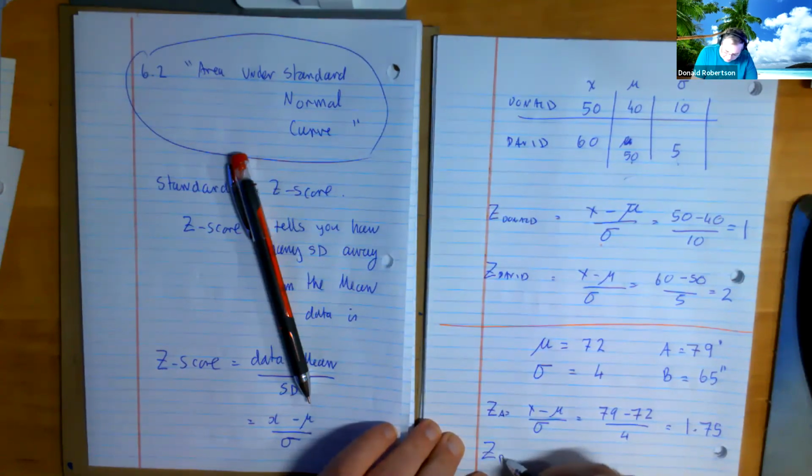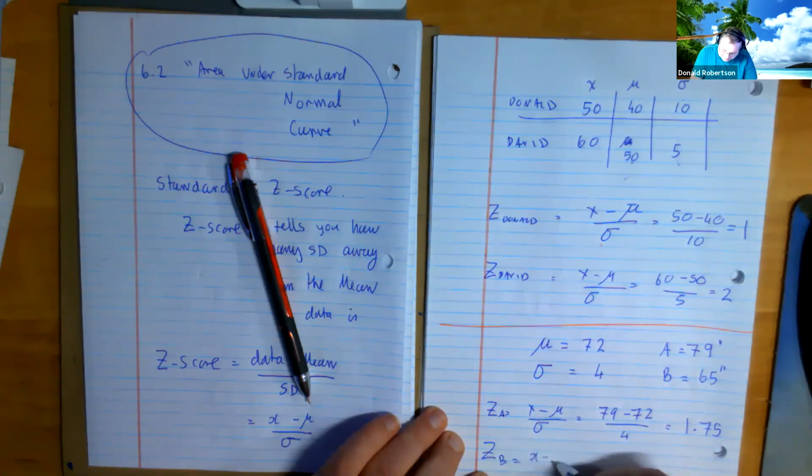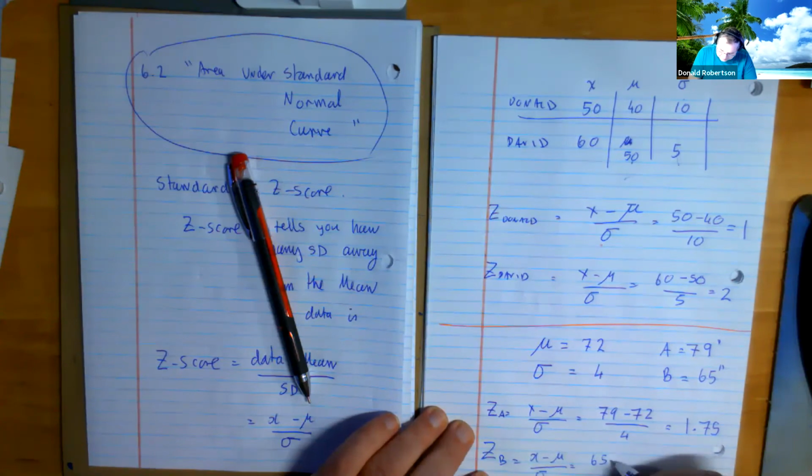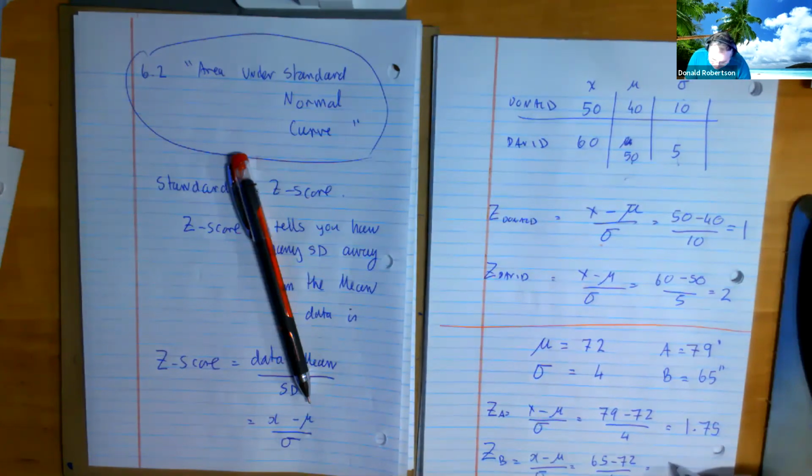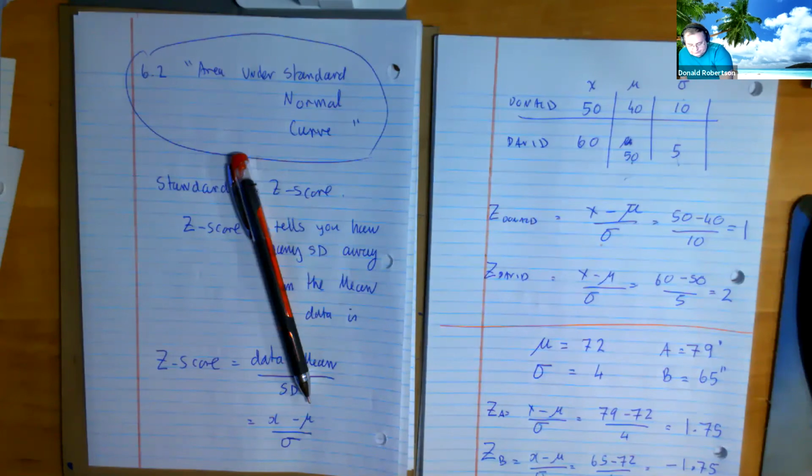And the other guy, well, he's going to be 65, take away 72 over 4. And that's negative 1.75. What Z-score do you think makes you an outlier?